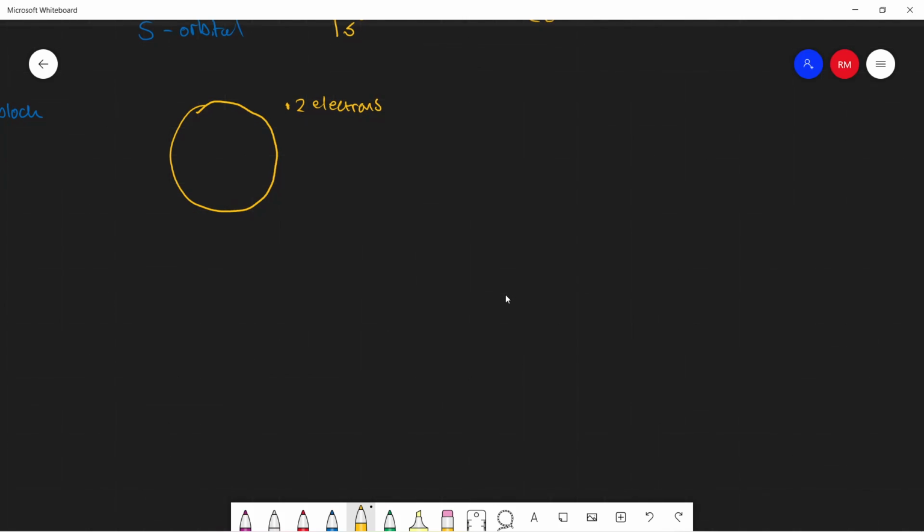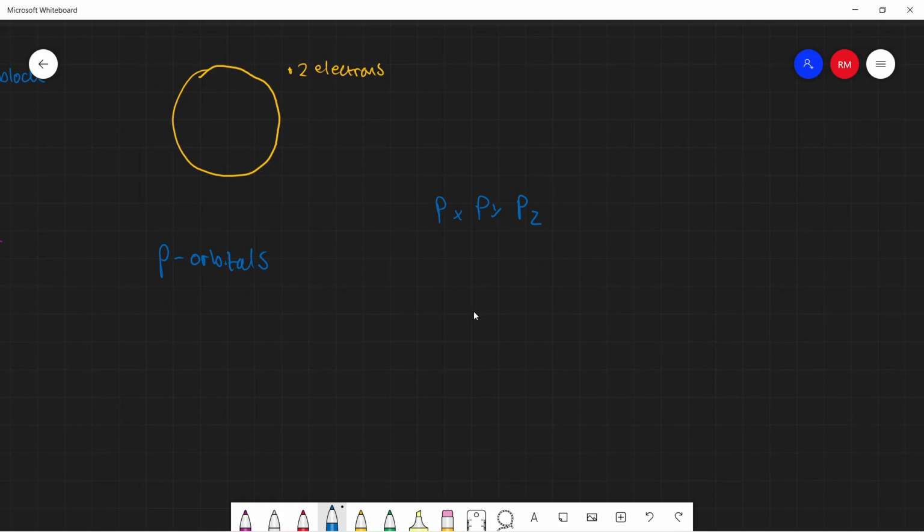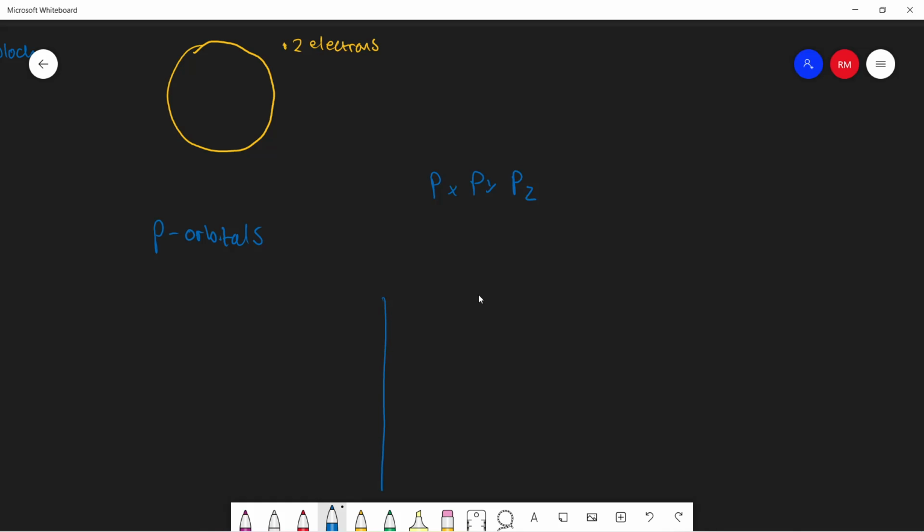So, p orbitals. There are 3 p orbitals, and these are defined as px, py, and pz, and don't let that be confusing. This just works in terms of geometry, almost like vectors. So this is y, this is z, this is x, and p orbitals have this dumbbell shape.